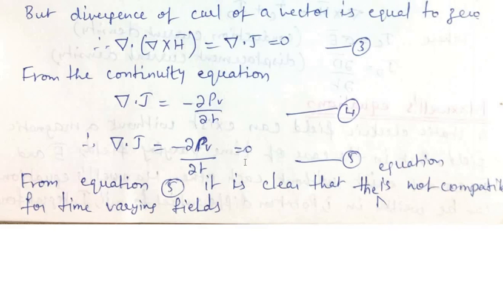But actually the volume charge is time varying, so it is not equal to 0. That means this is not compatible for time varying fields. So this equation has to be modified for time varying fields. This is the inconsistency of Ampere's circuital law, and this was rectified by Maxwell.